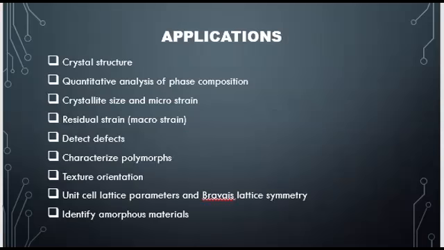For the application of this machine, XRD machines are incredibly powerful and can be employed to run many different types of analysis. Some of the most common uses for XRD machines include analyzing the crystal structure and even performing quantitative analysis of phase composition.